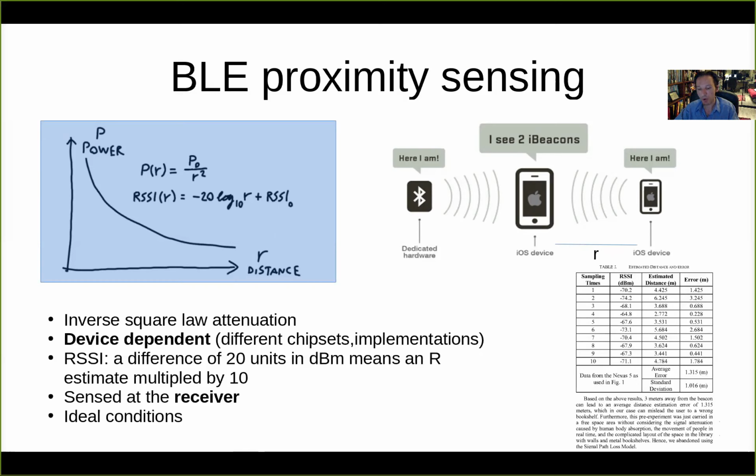The more mathematically astute amongst you will realize that this is an inverse square law relationship. So power is equal to P0, the sensed power, over the square of r, which is the distance. But this is the theory, and of course theories assume ideal conditions.